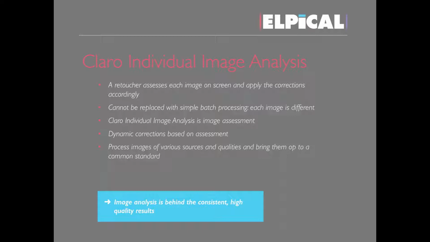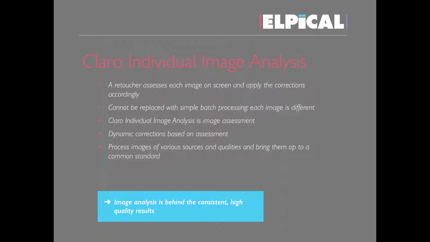This is the task that a retoucher typically takes upon him or her, and so this is the crucial task. We need to know what the base quality of the image is like before we can apply any correction. And this is what the Claro individual image analysis is for.